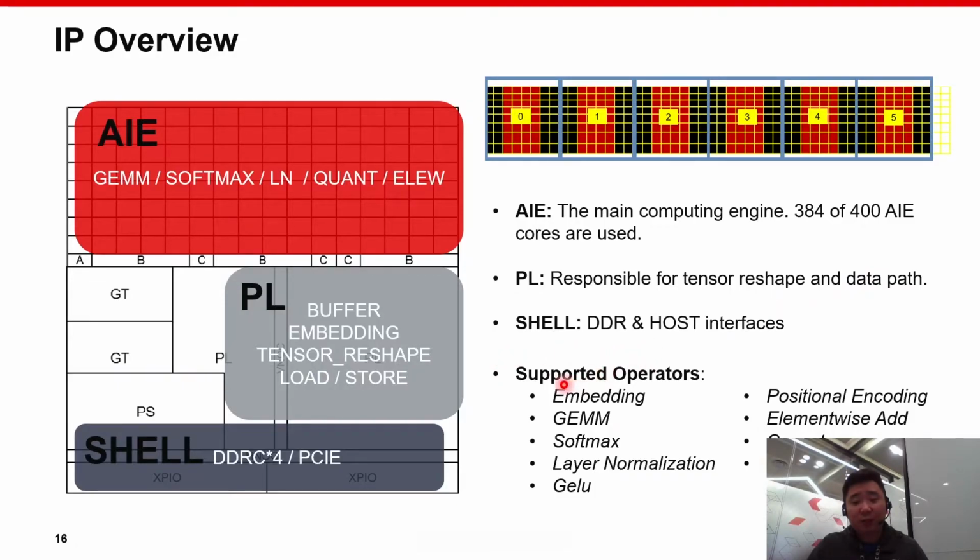GEMM stands for general matrix multiplication. The other lightweight operations like embedding, load or store are on the PL side. So altogether, the BERT IP has supported the majority of mainstream BERT operators.